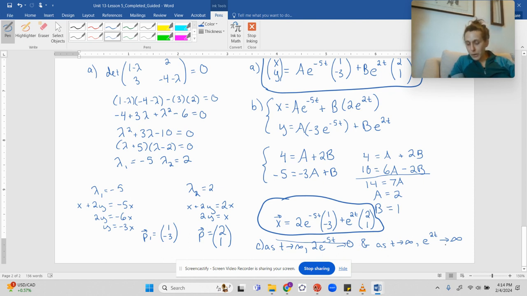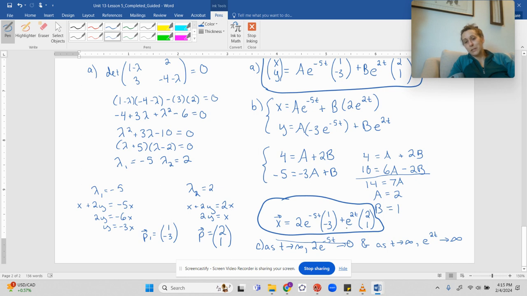And so as this one goes to 0, this part isn't going to matter very much because you're going to have 0 times some stuff here. It's not going to help us with the long-term ratio.